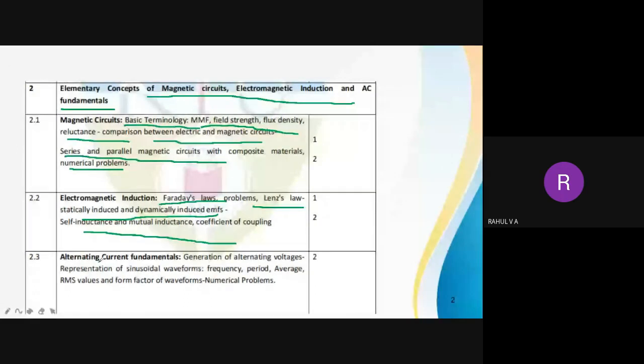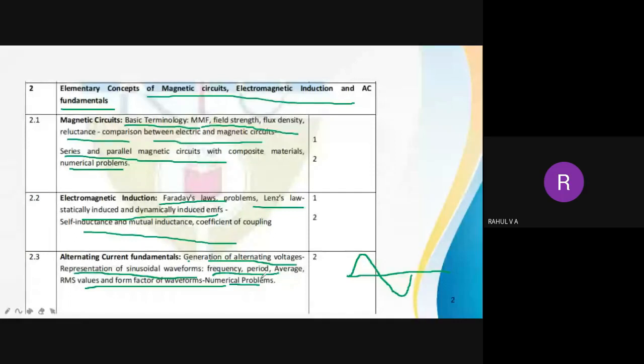What is a sine wave? What are the different terms associated with the sine wave? That is generation of alternating voltage, representation of sine wave, then frequency, period, average, RMS value, form factor, waveform, etc. Then numerical problems. So this module comprises a theory part as well as numericals. It also has two or three derivations. But it is a small module, not so big.